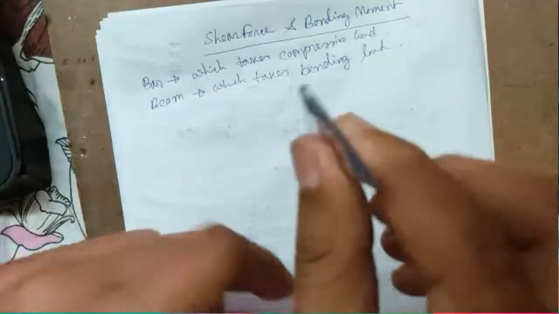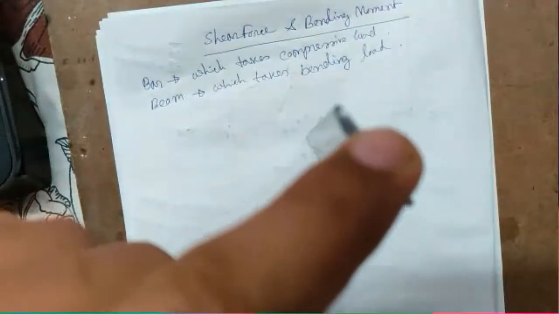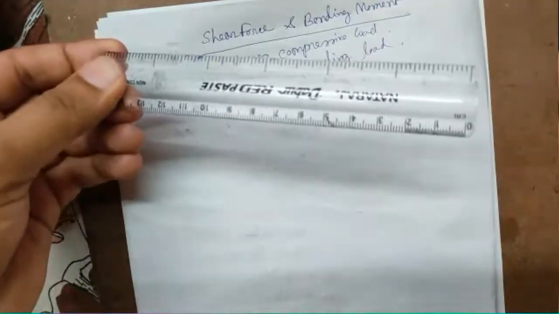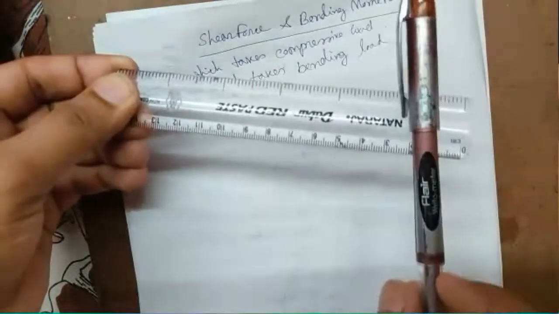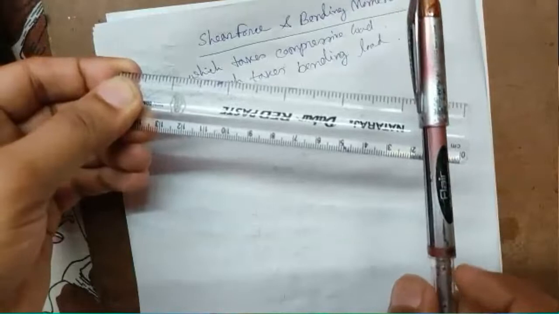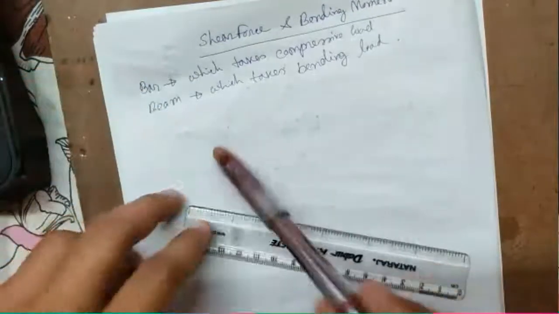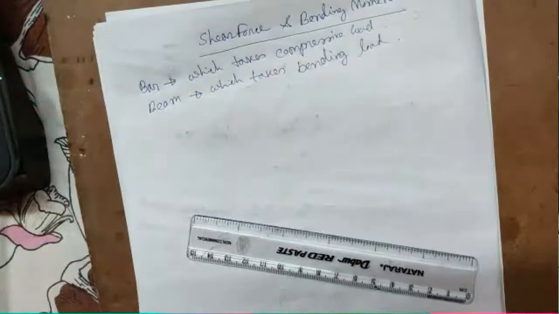Okay, so when the same component is used for taking compressive load, we call it a bar. When that same component is used for bending load, then we call it a beam. Suppose we have this component over here, we place it this way and we apply load on the top. So then it will work as a bar, and when we place this component this way and apply load on the other end, then it will be taking bending load, and that will be working as a beam. So I hope the difference between bar and beam is clear to you.